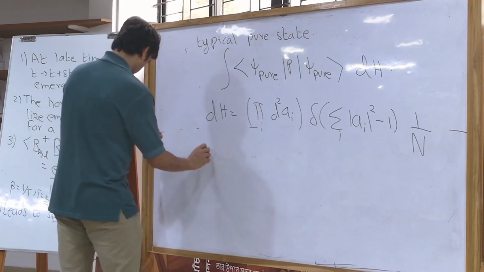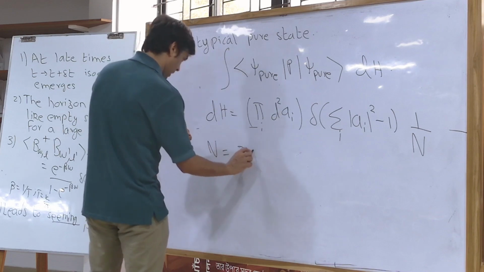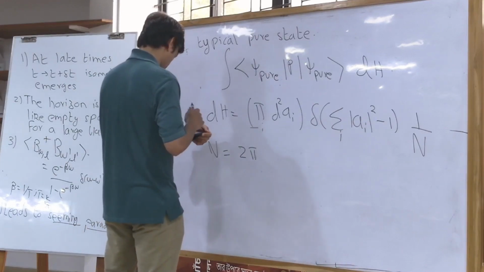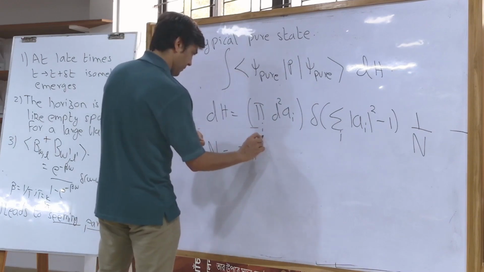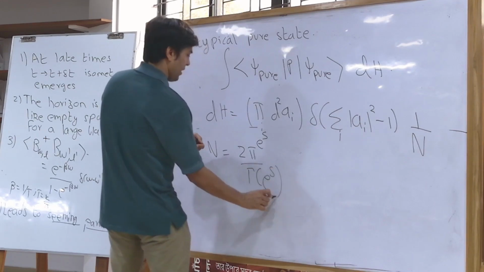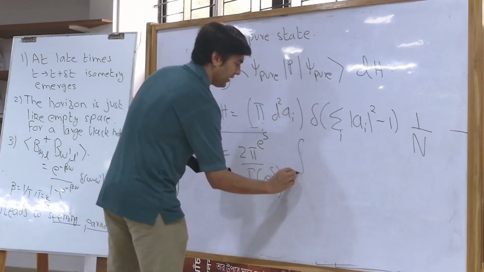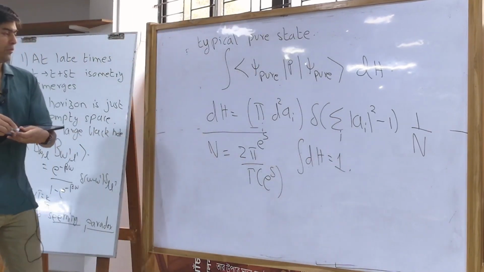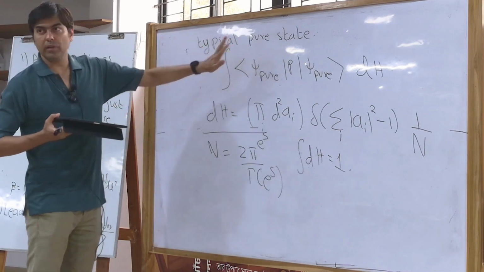So this N is chosen so that it is equal to 2π to the d. Okay. What the value of this N is is unimportant. What's important is that the integral of dh is equal to 1. And so this is what I mean by a typical pure state.